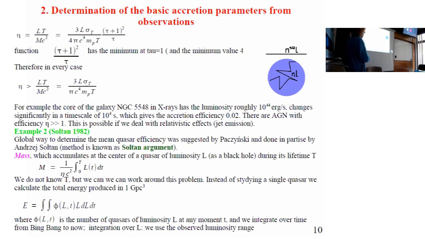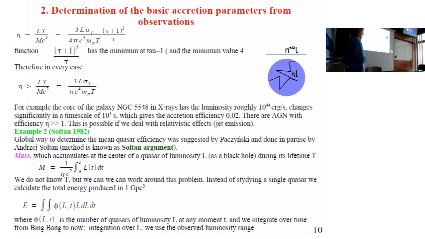The idea was invented, as you can see, in 1982, so quite some time ago. It was basically suggested by Bogdan Paczynski, but really done by Andrzej Soltan, and in the English literature it is known as the Soltan argument. It was very difficult to translate it into Polish, because argument Sołtana does not sound that great, but there is no other equally good translation. So the fact that it has a nice name means it's important and used quite a lot.